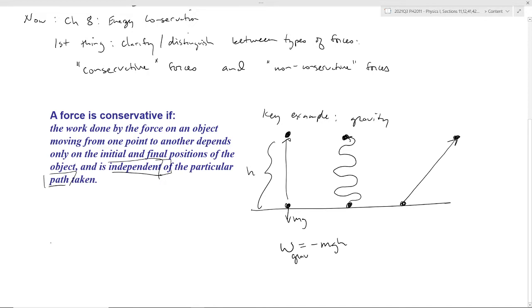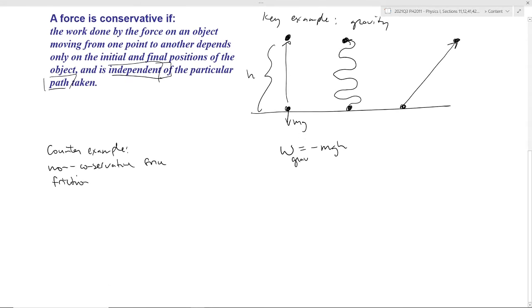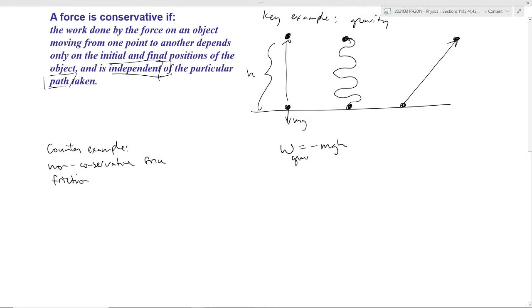Now, a counterexample, a non-conservative force, would be friction. So imagine a situation, think of your top view here, where you have an object and you're going to move it.